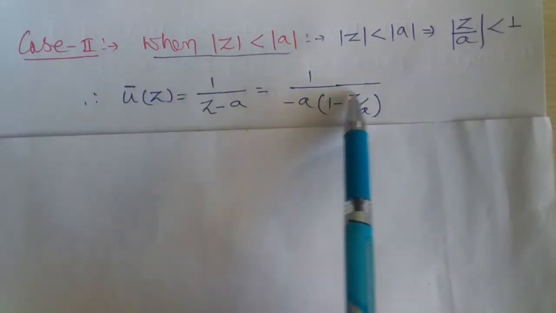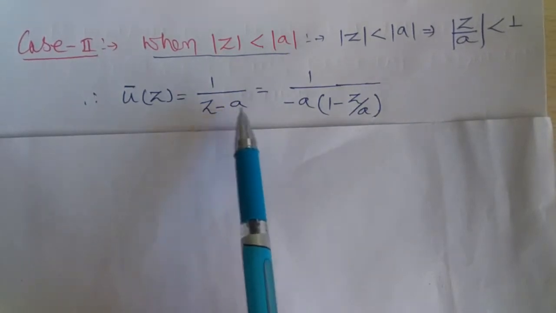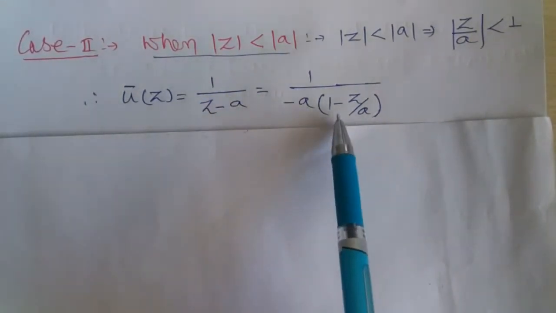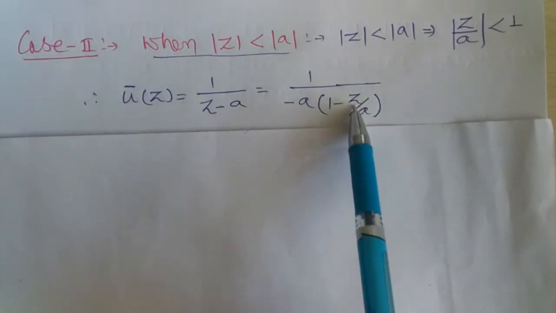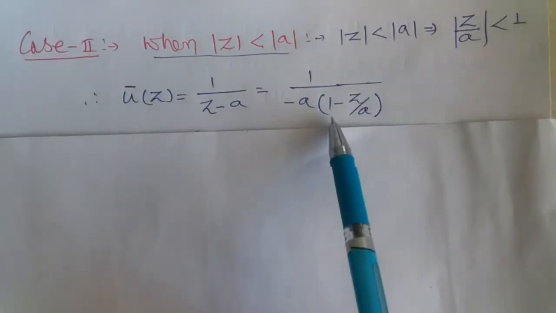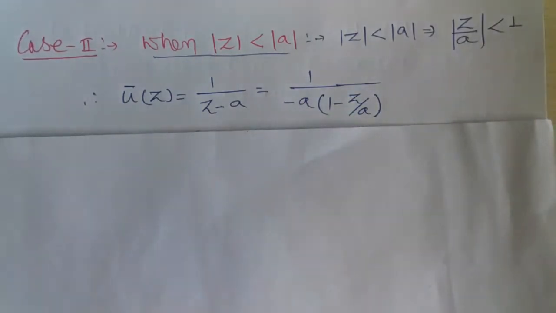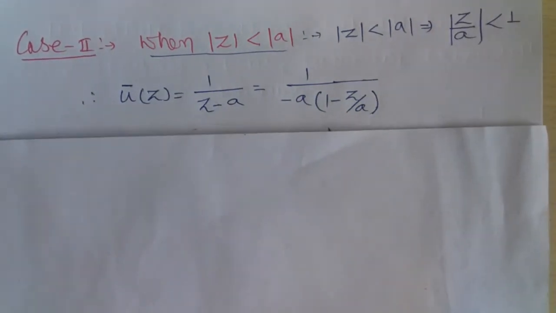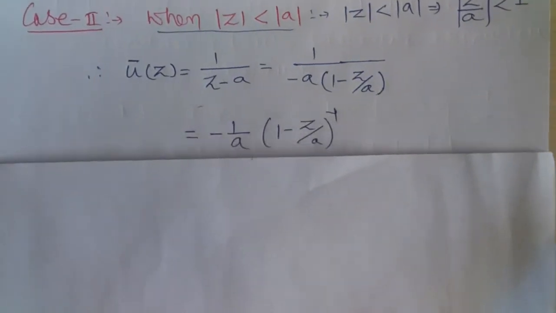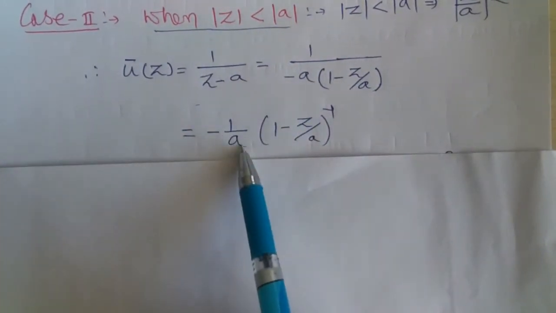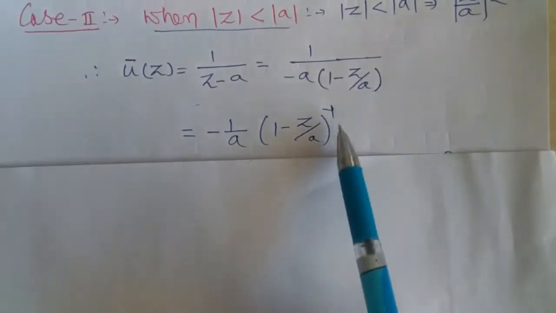Then we have 1 upon minus A common, then in place of minus A we have 1, and here we have minus Z by A. So mod Z by A is less than 1, so this is a suitable expression for the region of convergence. Now we write this expression in the numerator. Then we have minus 1 upon A into 1 minus Z by A whole inverse.